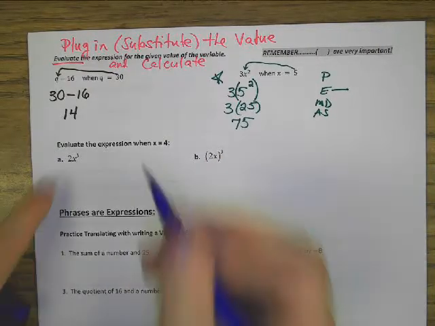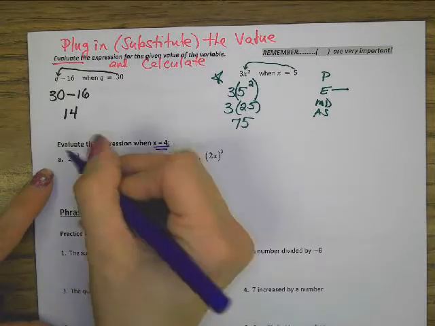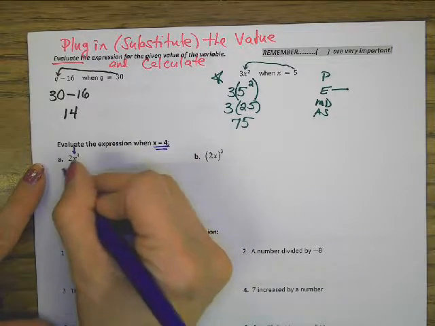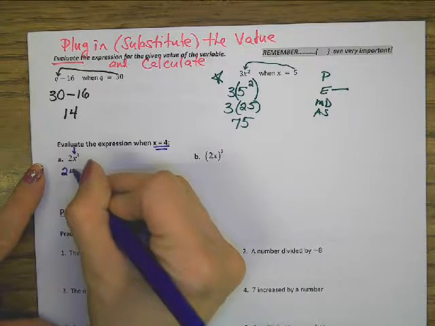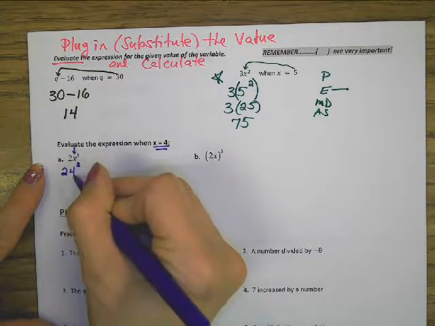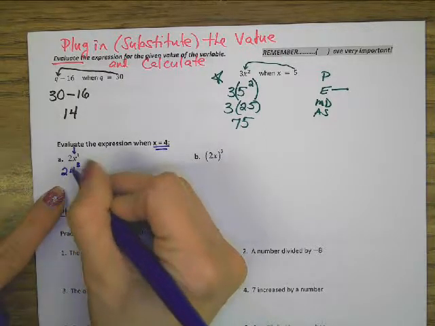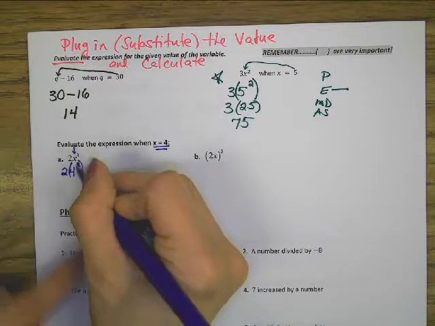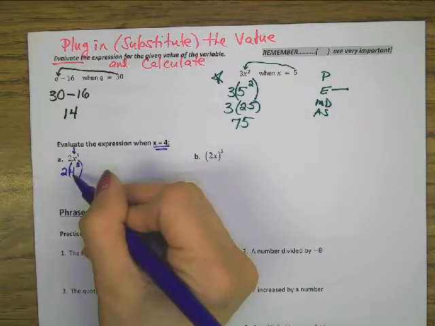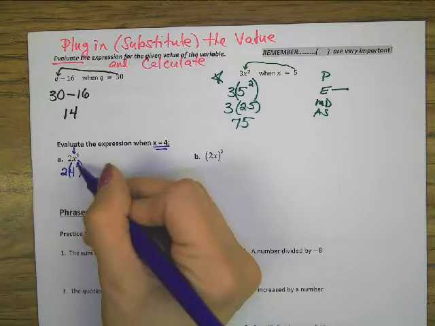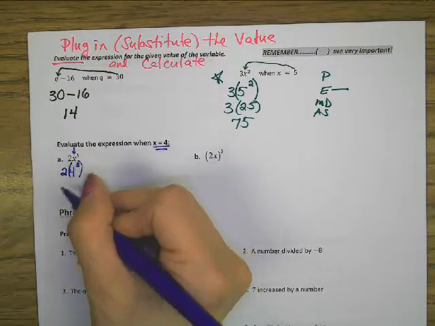If I write 2 then the 4 cubed, that looks really bad. That looks like 24. I'm going to put parentheses around the 4 so that everybody knows it's 4 that gets the cube power. All right, so let's calculate. 4 times 4 times 4.